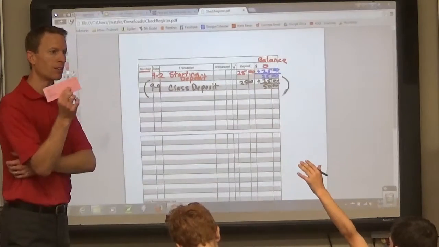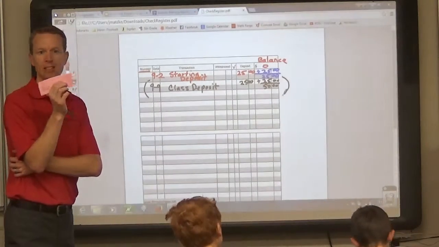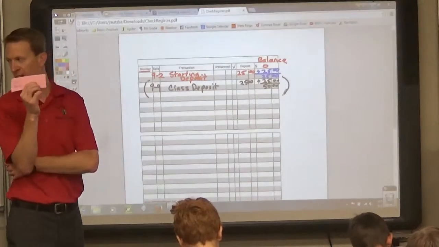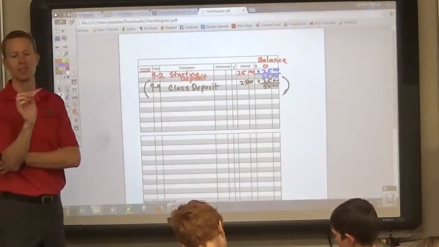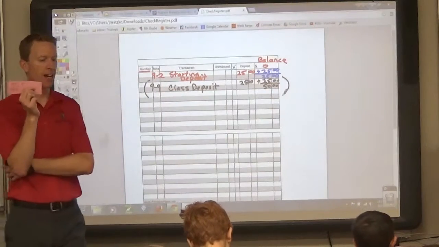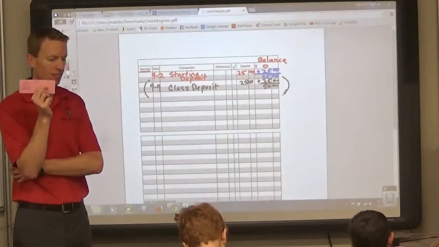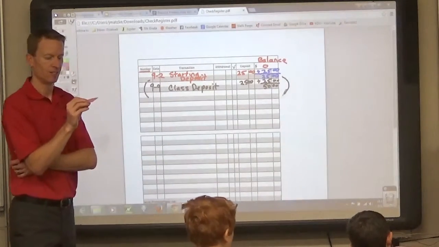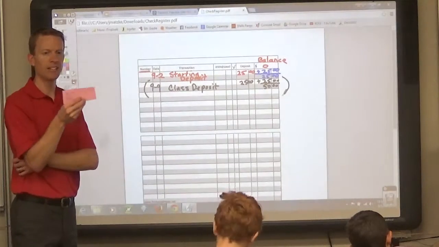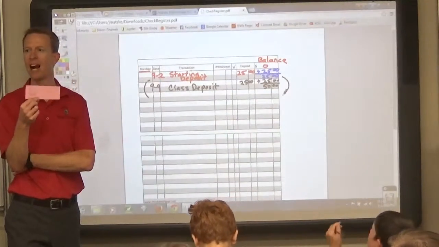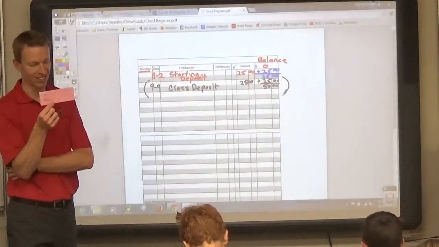Then you write the amount. We're going to write this out for $10. Remember, this is a fake check. But write it out for $10. The reason for this check? Practice. So write practice.